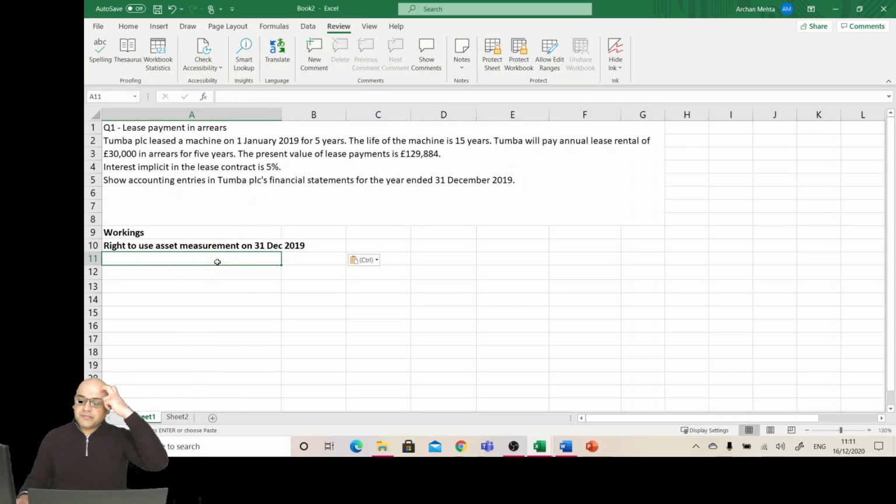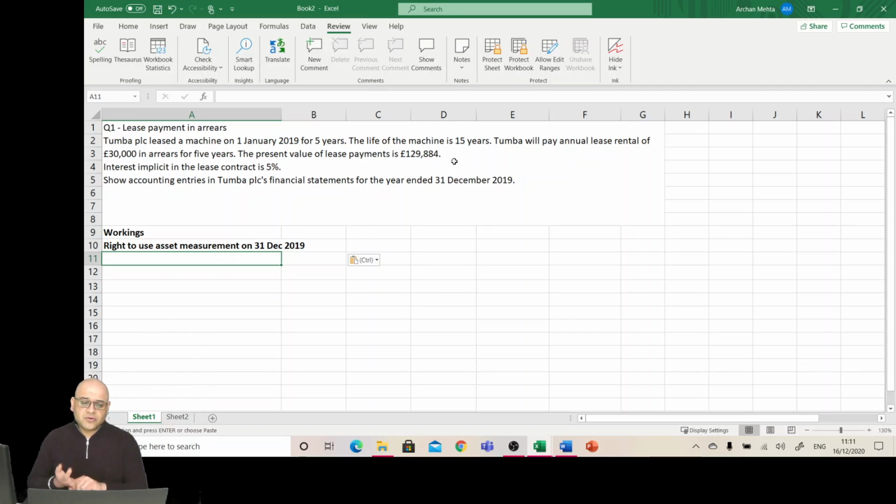How are you going to measure this asset at 31st December 2019? Initially, when lessee enters into the contract, the right to use asset is measured at present value of the lease payments. In this case, it is 129,884. Plus, lessee is going to add any additional directly attributable costs to the asset.